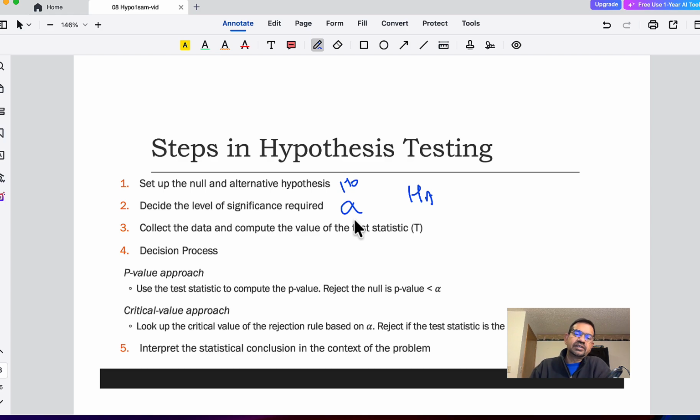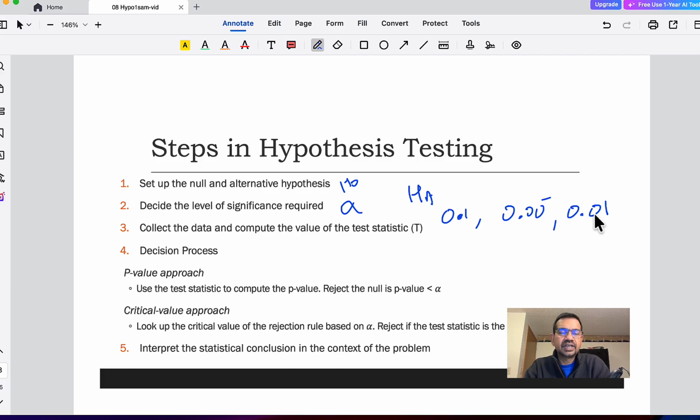Or our alpha, or level of significance, the probability of type 1 error, could be 1% or 0.01. So essentially we will work with 0.1, 0.05, or 0.01. So 10%, 5%, or 1% level of significance.